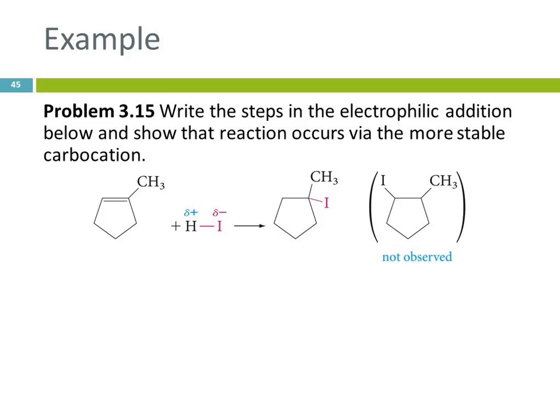So here we have the hydrogen. This is the more electropositive of these two. So the hydrogen is the electrophile. It's going to attack this double bond. We've got two possibilities when it does that.